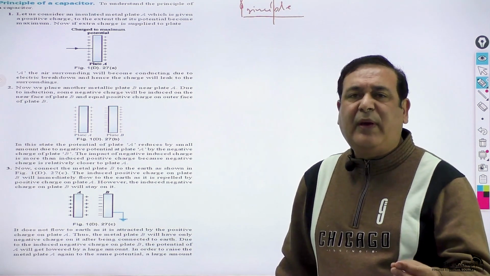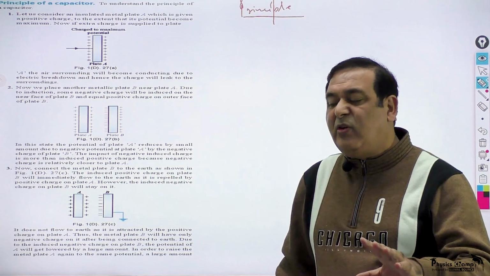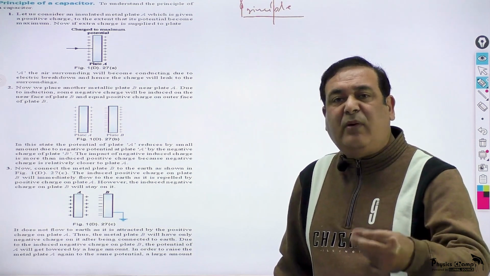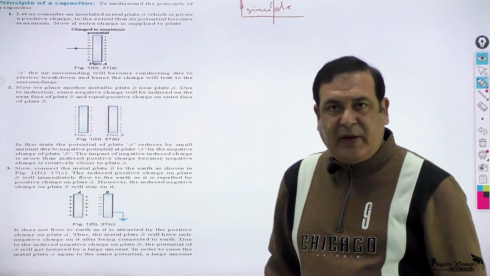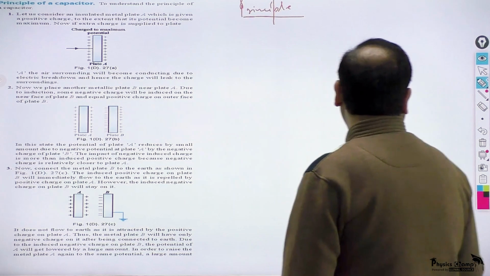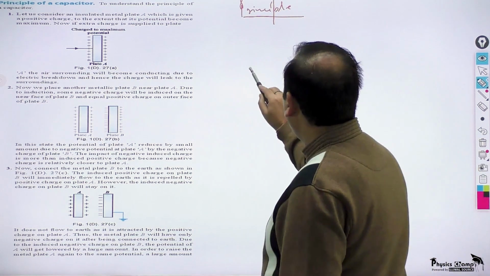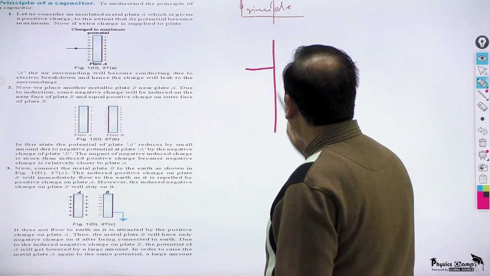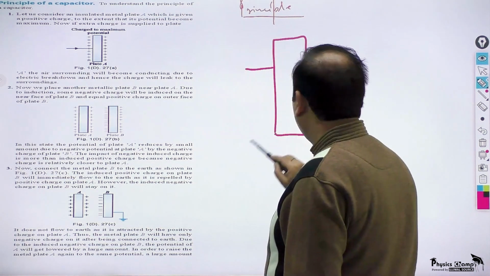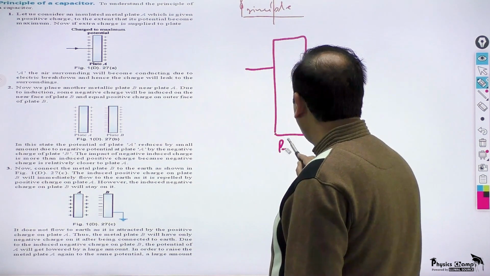So principle of a capacitor is just based on the concept of potential that we have already learned. Let's start with, say we have a plate A. So I would call it plate A.